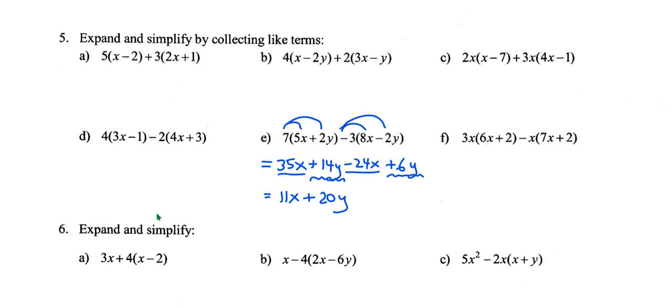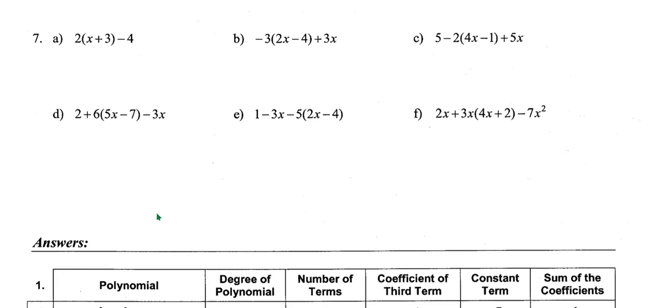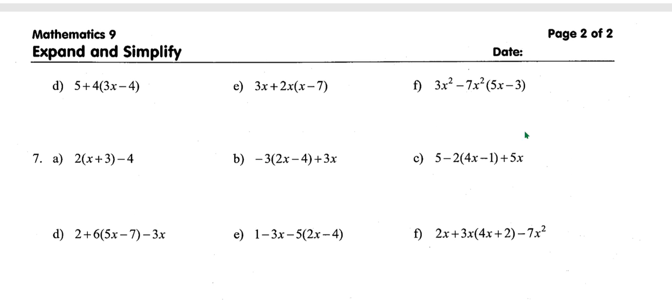All right, and sometimes it'll get, let's see if I can find a really challenging one. Well, you can try the challenging ones, right? They'll be here. Let's do one last one. Let's do question F. This one's got a few things that could trip you up. Notice it says 3x squared minus 7x squared.